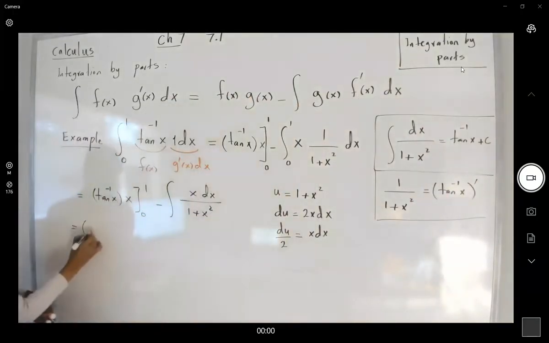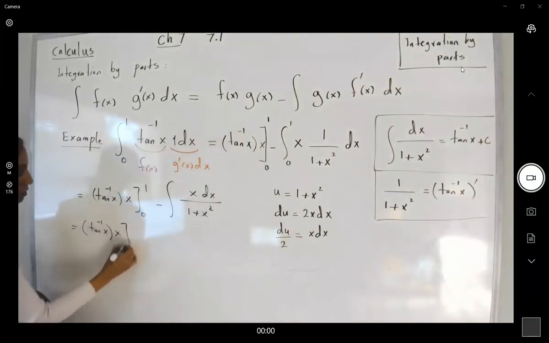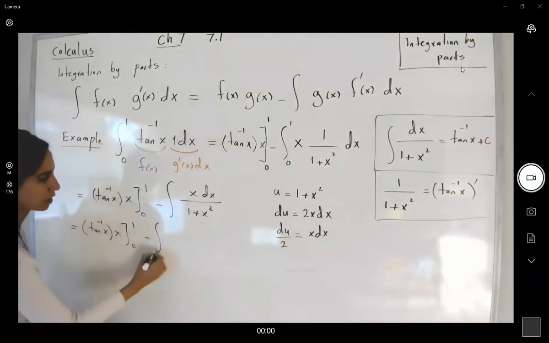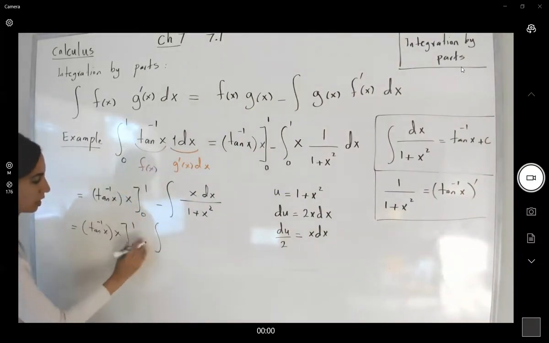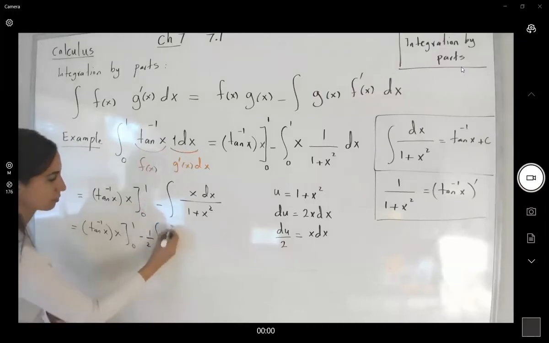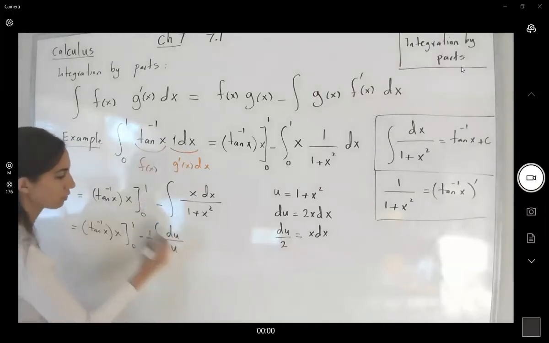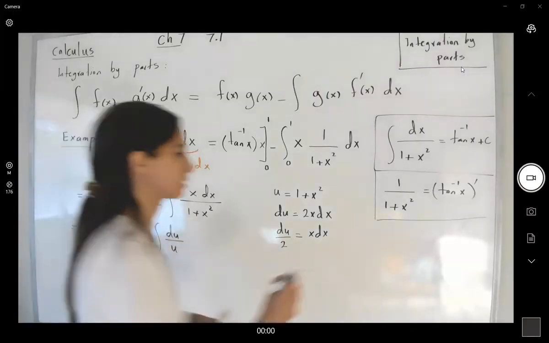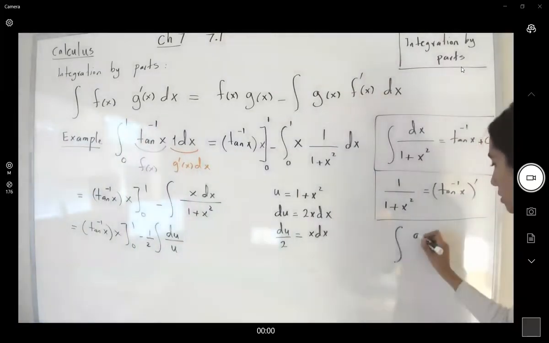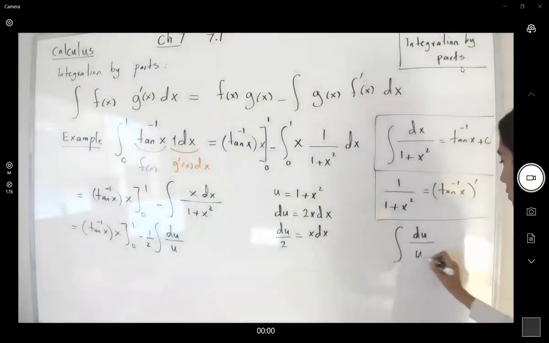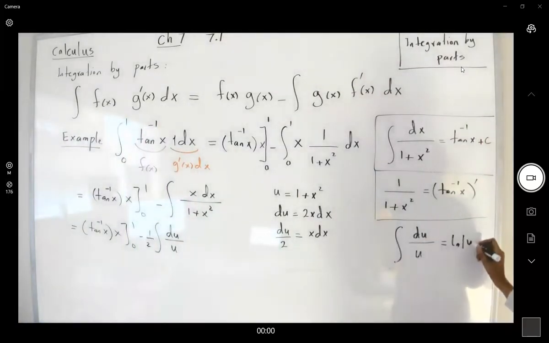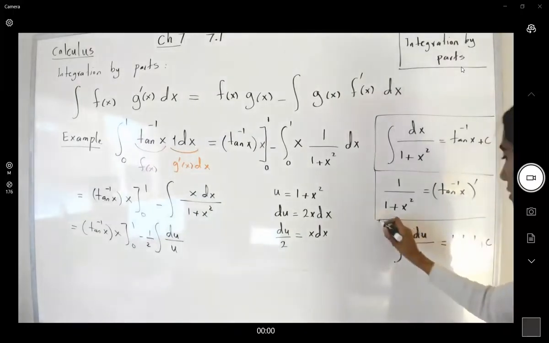This is equal to inverse tangent of x times x, 0 to 1, minus the integral of a half du over u. But we already know that the integral of du over u is ln of absolute value of u plus c.